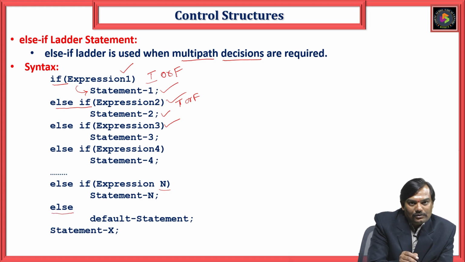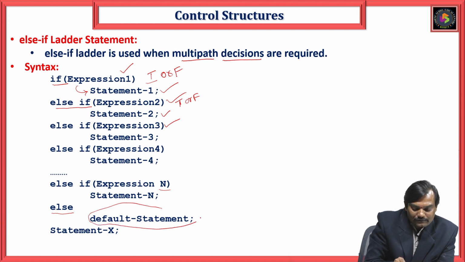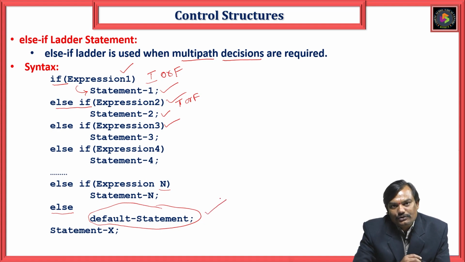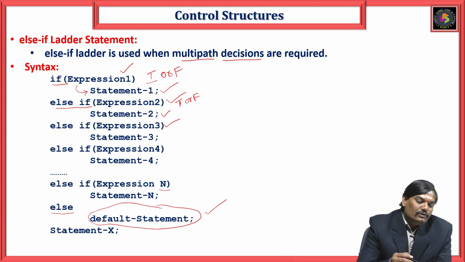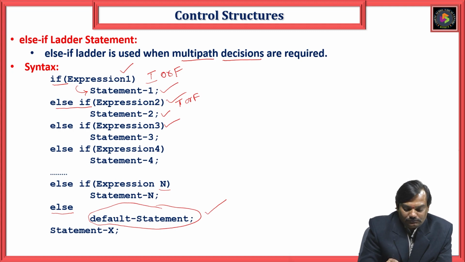If none of the expressions are evaluated to true, the control will be transferred into the else block of the else if ladder, and the statements in this else block get executed. This is how we use the else if ladder to check multiple expressions and decide where the control has to travel.